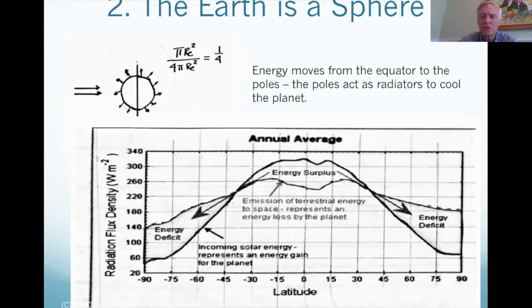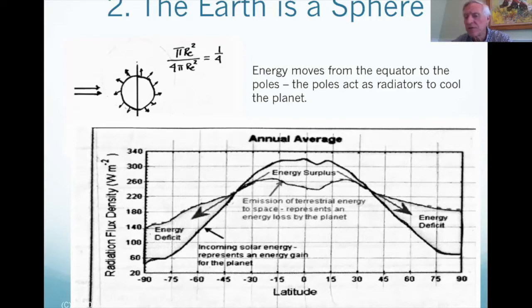The emissions curve is low in the center, then goes up to about 30 degrees north and south, actually more like 20, and then goes down as you approach the poles, which are at plus and minus 90. But basically, what it says is that there's an energy surplus between 30 degrees positive and 30 degrees negative.